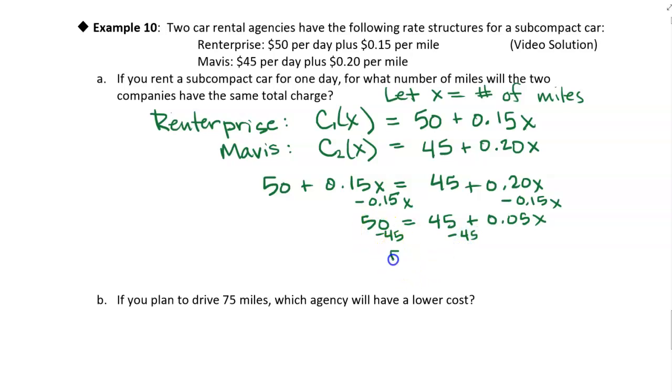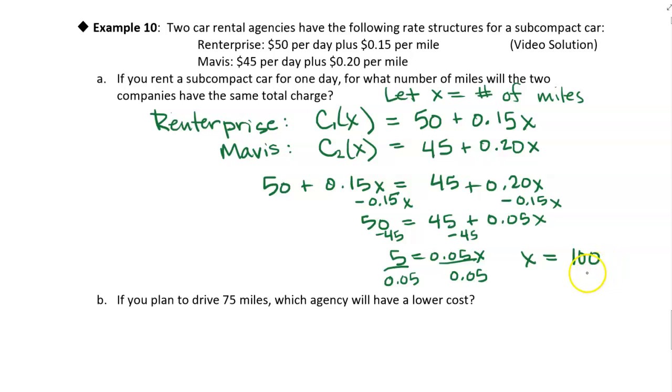So then I have 5 is equal to 0.05x. If I divide both sides by 0.05, I get x is equal to 100. Okay, so that's saying that if I drive 100 miles, then the cost that Renterprise would charge me and the cost that Mavis would charge me would be the same.